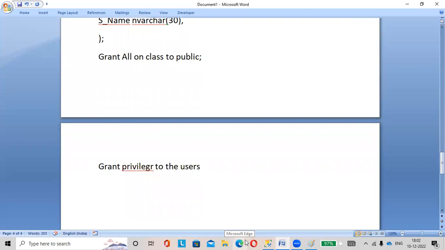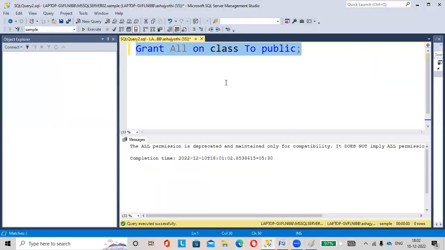Okay, one more command is there. Grant all on class to public with grant option. What is this? With grant option, granted users have the privilege to grant to the other users. Suppose one user has got the privileges, and he wants to grant the privileges to the other users. This command is used.